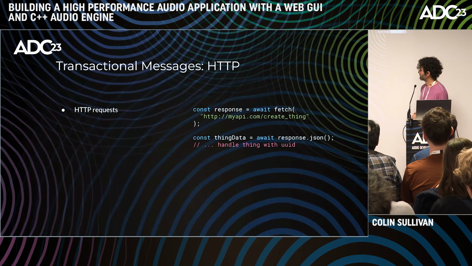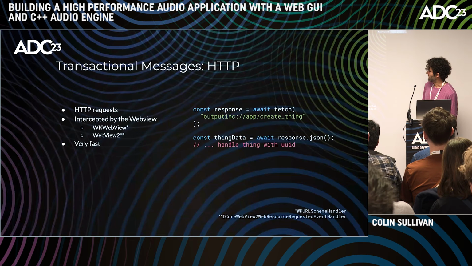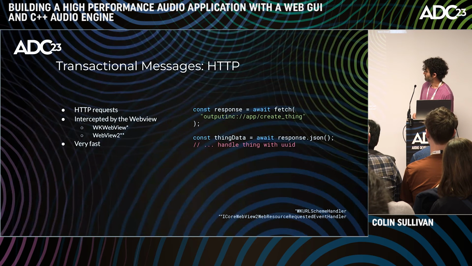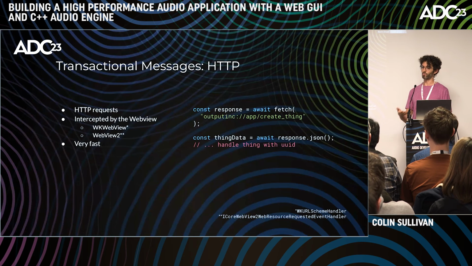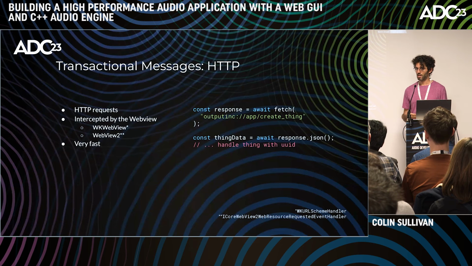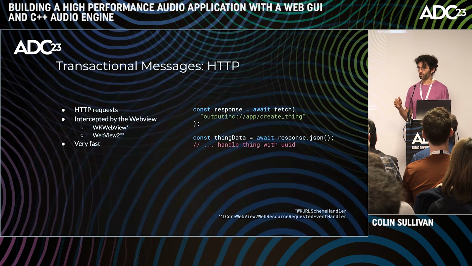So in our app, what we are doing is intercepting HTTP requests that are sent from the web view, so that the C++ side itself can send the response without running a web server. From the web view side, it thinks it's asking the server for something, but there is no server.